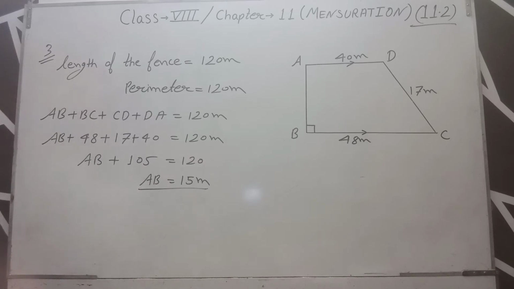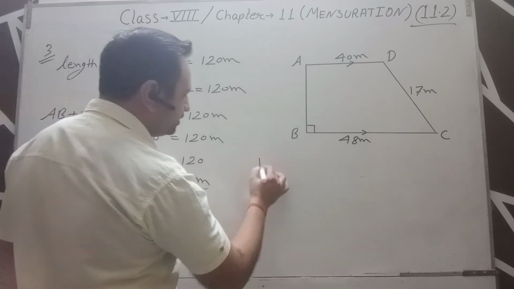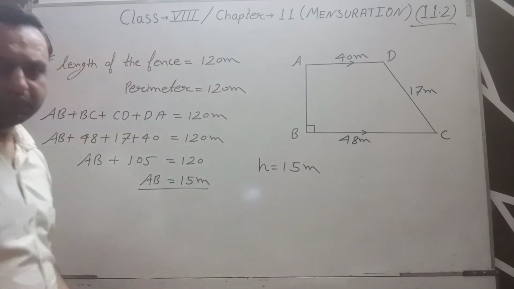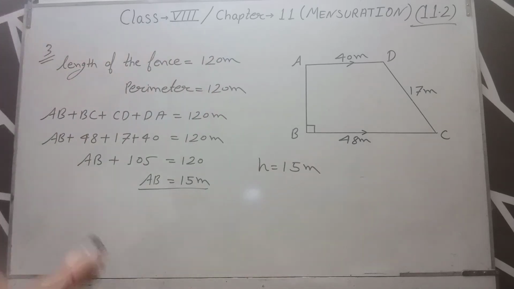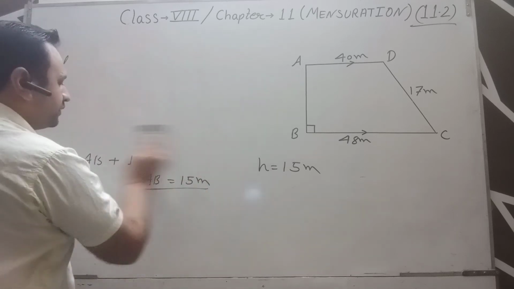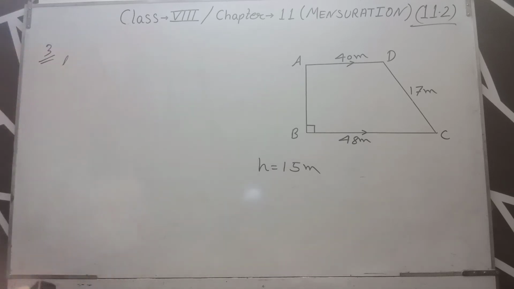So we can say that the height of the trapezium is 15 meter. Now we have to calculate the area of the trapezium. Area of trapezium is equal to half multiply sum of parallel sides into distance between them, it means height.